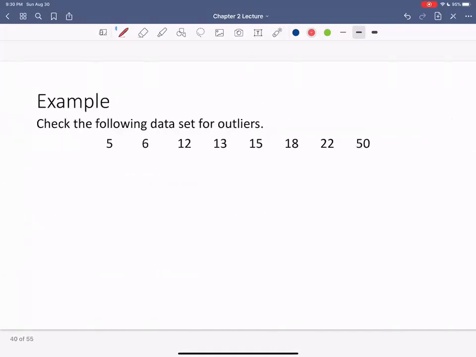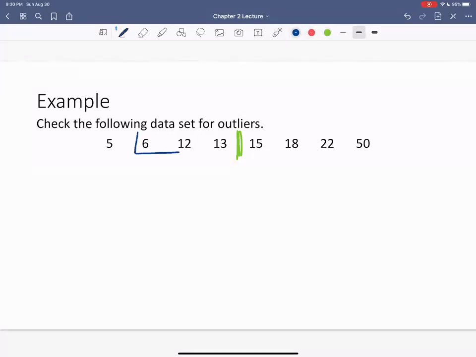So here's our next example. Check the following data set for outliers. I've already numbered them all in order, so you don't have to worry about that. It's an even piece of data, so we know this is the middle here. We do not need to find the median or second quartile to find an outlier, so we skip that and go straight to finding quartile 1 and 3.